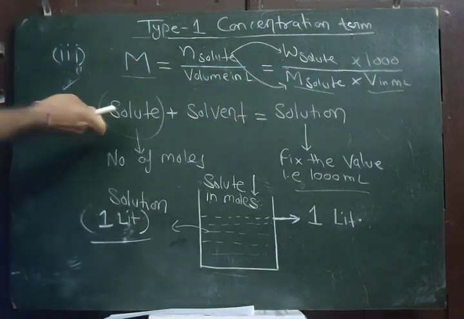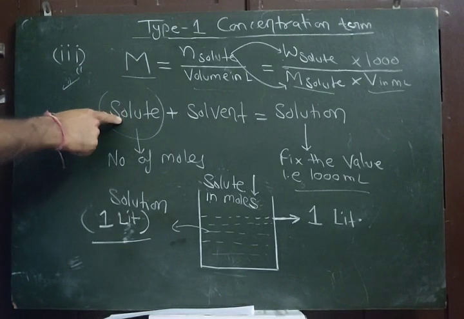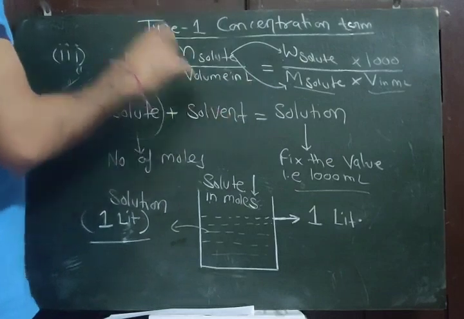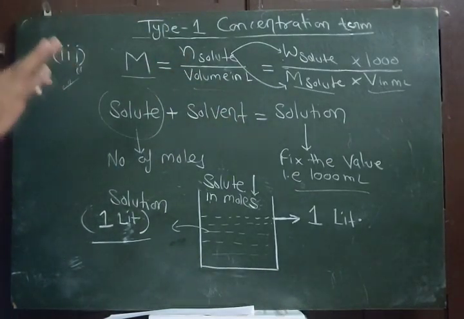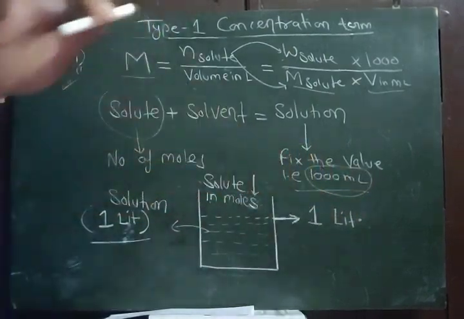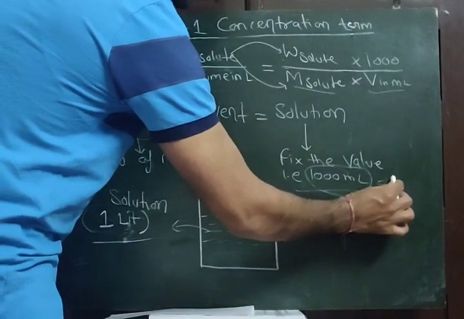This is the general abbreviation of the solution: solute plus solvent will give rise to solution. From the formula, it is fixed that the volume of the solution will always be 1000 ml, or we can say 1 liter.